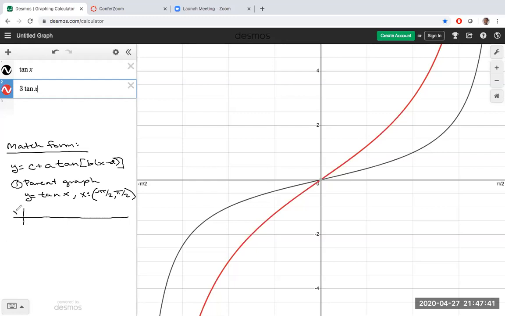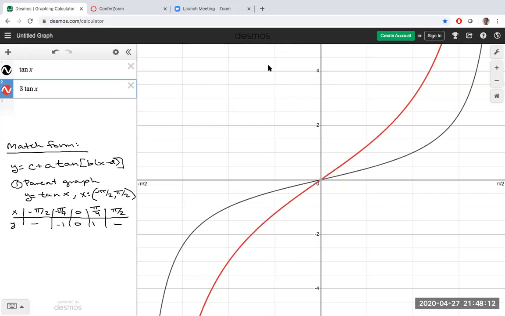For our original tangent graph, we had negative pi over 2 to pi over 2 and vertical asymptotes there. You can actually just write that instead of putting undefined if it's more comfortable for you. Okay, and then we had negative pi over 4, 0, and pi over 4 as our middle x values. We got -1, 0, and 1.